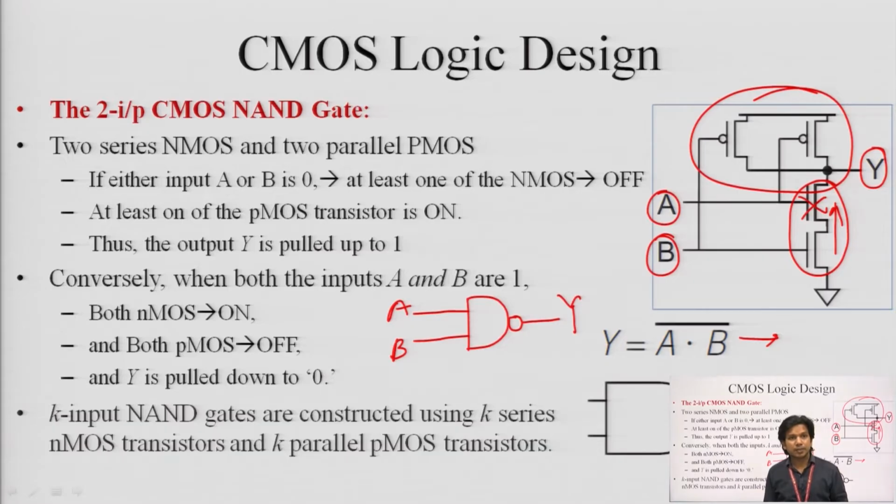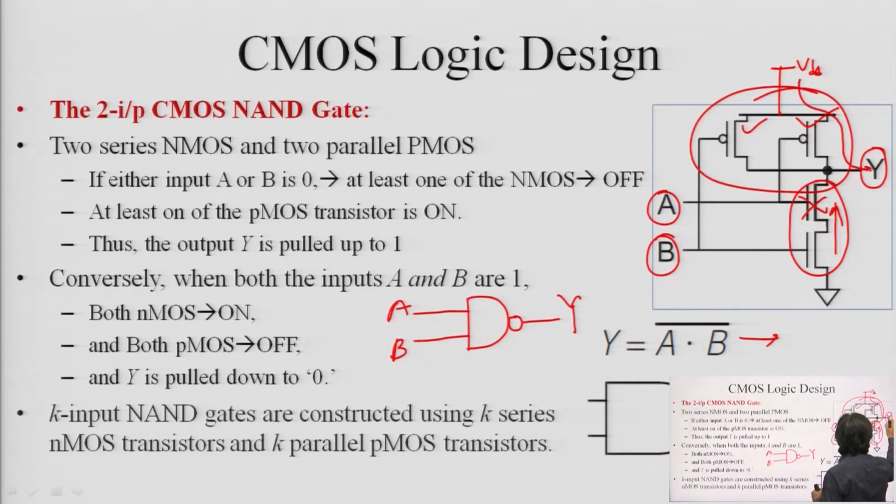In this case, the PMOS will be turned on, and once the PMOS is turned on, we have VDD here, so the current will flow and we will have a high output as logic 1, clear.